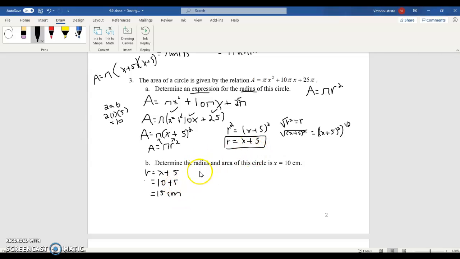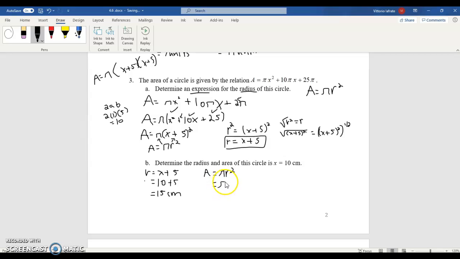And then we need to find the area. Remember, the area of a circle is pi r squared. And so now that we have the radius, we can simply go and plug that radius number into our equation.